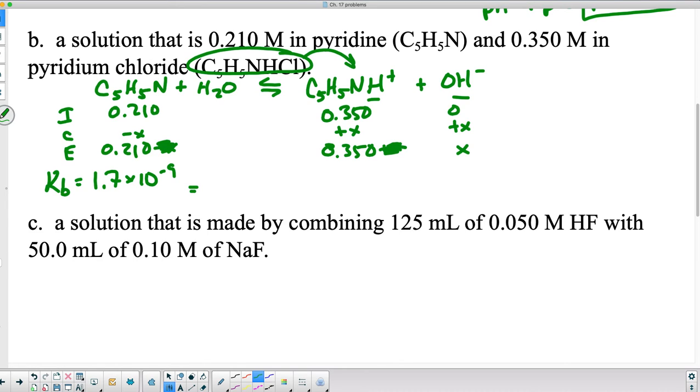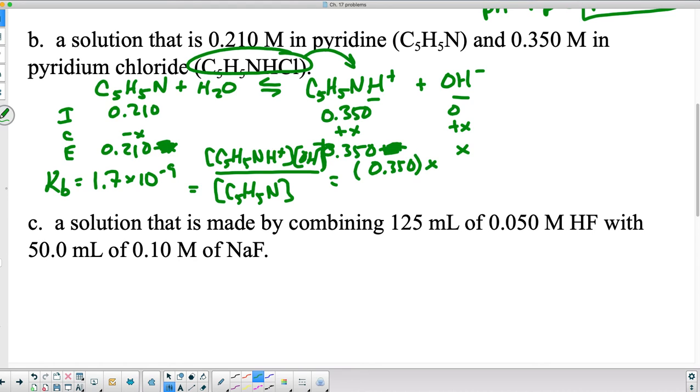That means what I have here is C5H5NH plus times OH minus, all over the concentration of C5H5N. Then I simply plug them in without the minus x and plus x. So I get 0.350 times x divided by 0.21. You're going to see the same pattern; it seems like the same thing is happening over and over again.